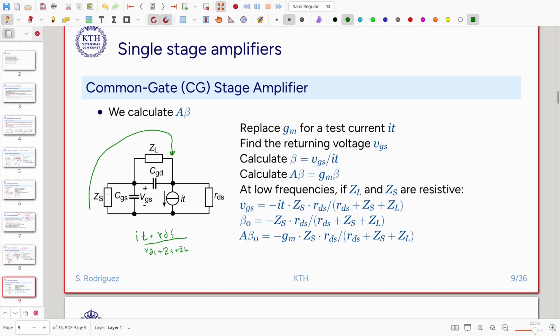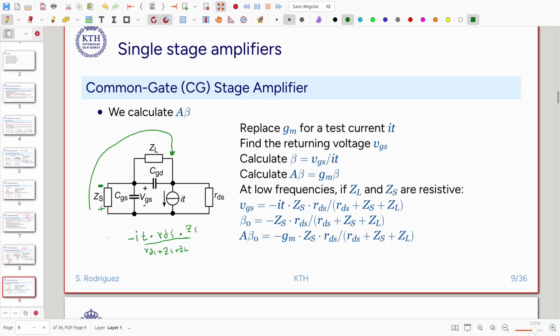But now I need to get the voltage. I am actually interested in this voltage, so this current is going to produce a voltage drop here that is equal to this current multiplied by this impedance. And see, the current flows in this direction going up. It is going to produce a voltage drop that is opposite to VGS.